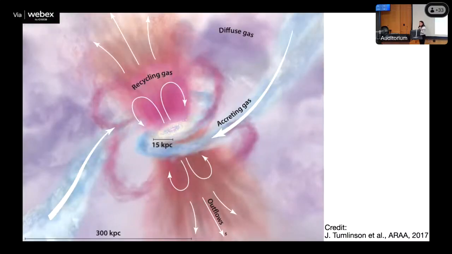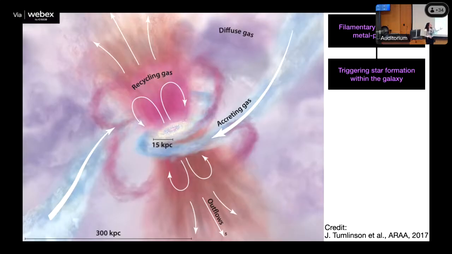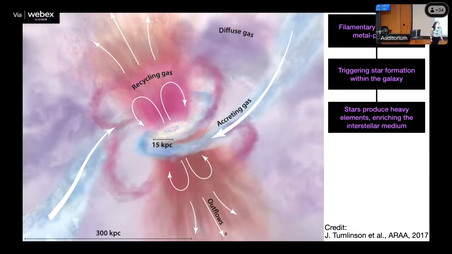So let me focus on the baryon cycle. So the baryon cycle describes the interplay between all of these processes that you see here. The general picture is that you have a metal poor gas that's being accreted from the intergalactic medium. That's shown here in blue. This triggers star formation within the galaxy, which you see here in the central 30 kiloparsecs or so.